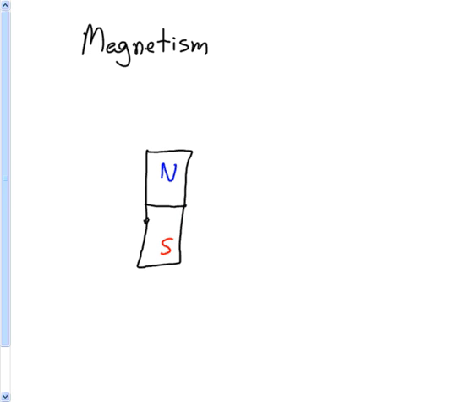And I'm sure you're also aware from your own dealings with magnetism that if you were to put another north end to this north end up here, then they would repel, right? Because the north doesn't want to be next to a north. If you were to put a north end down here, however, then we would know that they would attract.